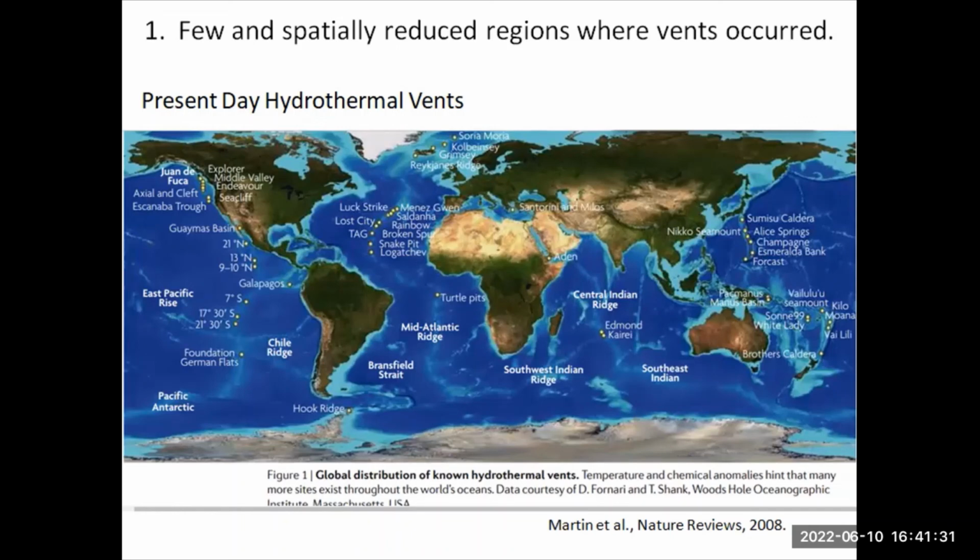The first hydrothermal vents were discovered in the East Pacific Rise here, on the very left of the diagram. But you can see there are very reduced spots in comparison to the ocean at large. And of course, the spot as painted on this picture is much greater than it would be in reality when we get down to surface level.